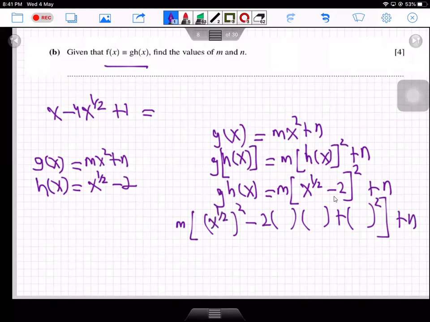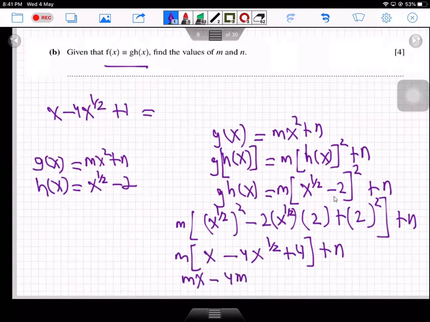So x raised to the power half squared, minus 2 times x raised to the power half times 2, and then 2 squared. So m multiplied by x minus 4x raised to the power half plus 4 and then n in the end. This m is not multiplied with n. So mx minus 4m times x raised to the power half plus 4m plus n. This is the ghx composite function expanded form in terms of m and n.